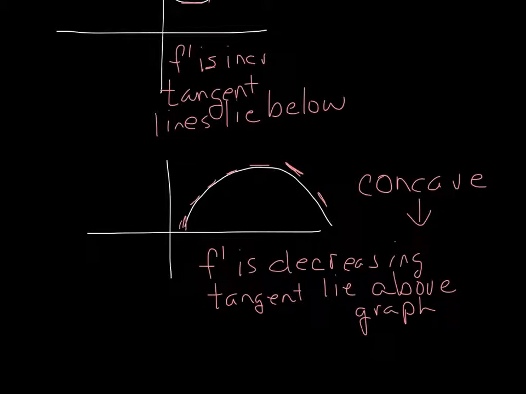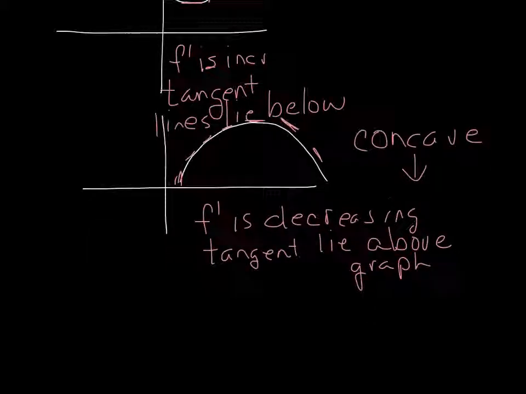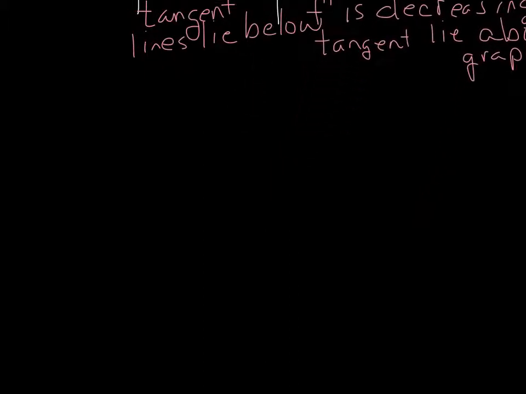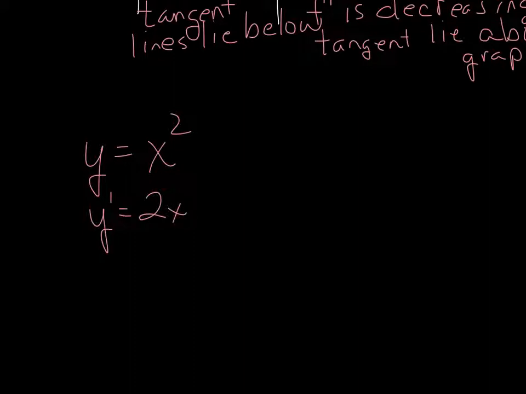So let's just think about a simple function that we know what it looks like, y equals x squared. Y prime is 2x, and y double prime is 2. So would you expect that to be concave up or concave down?